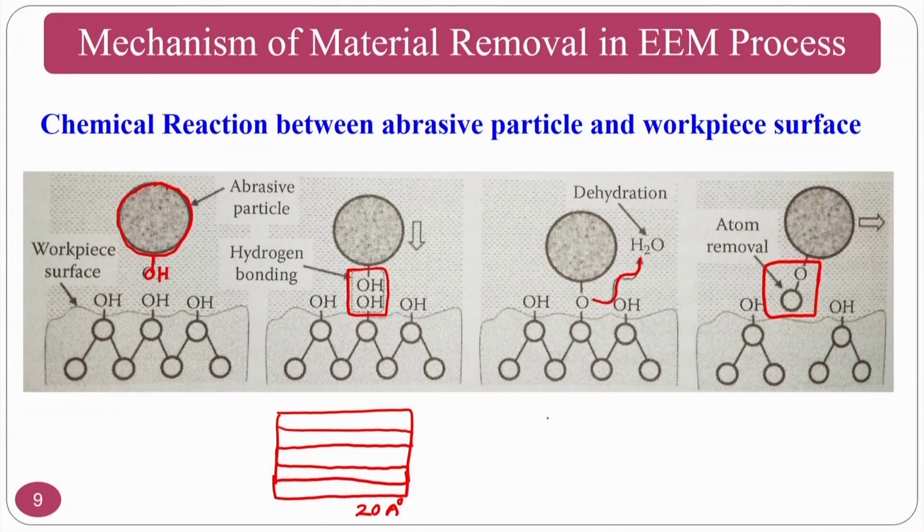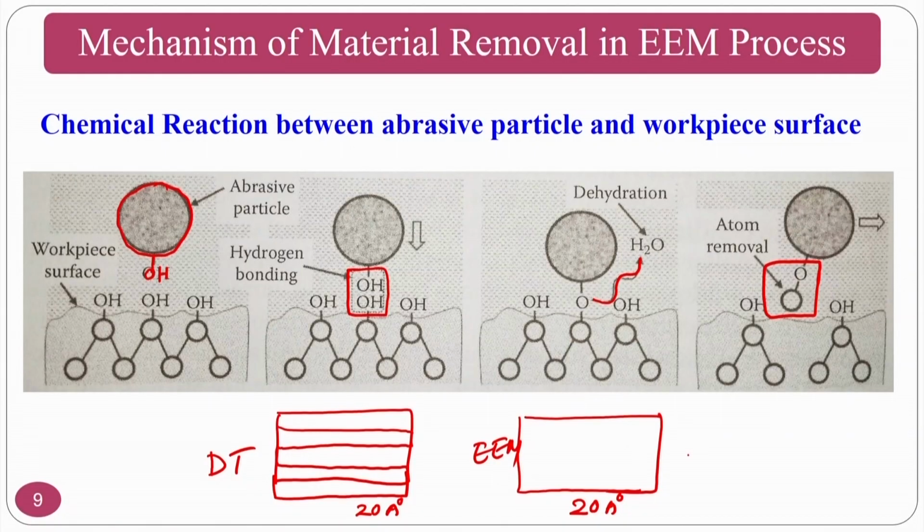But if the same surface is achieved by the elastic emission machining process, you get 20 Angstroms, I am just assuming, but there are no scratch marks in this particular process. This you can use for lens applications or mirror applications or superfine mirrors.